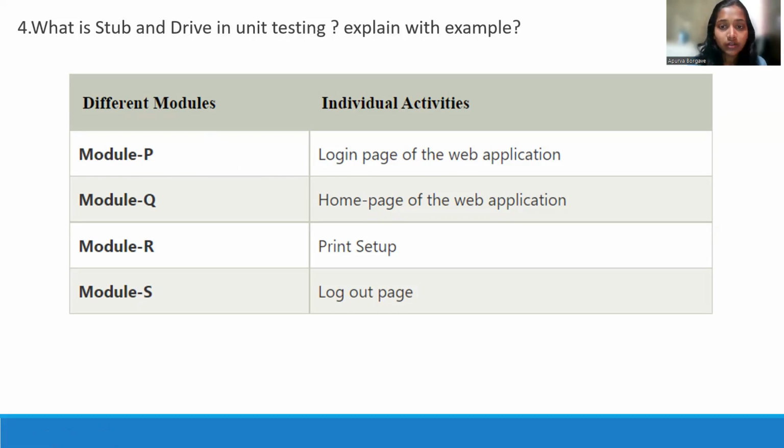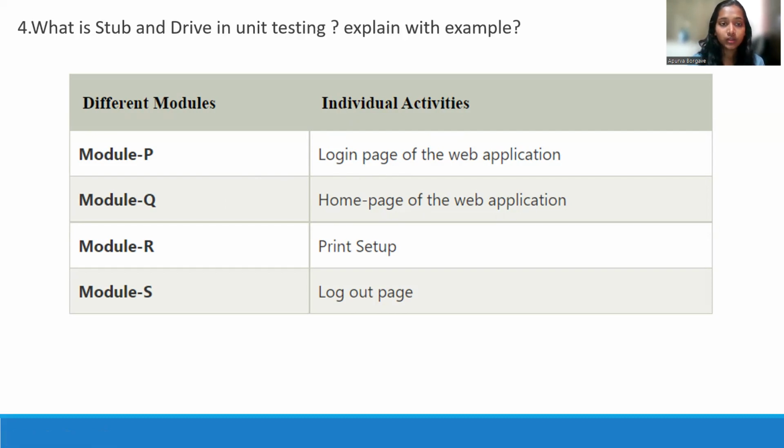In connection to this, when you hit the login button, you cannot get a blank page. You need to be redirected to some other page. The next module which needs to be executed is module Q. After successful login, you need to be redirected to the home page of this web application.